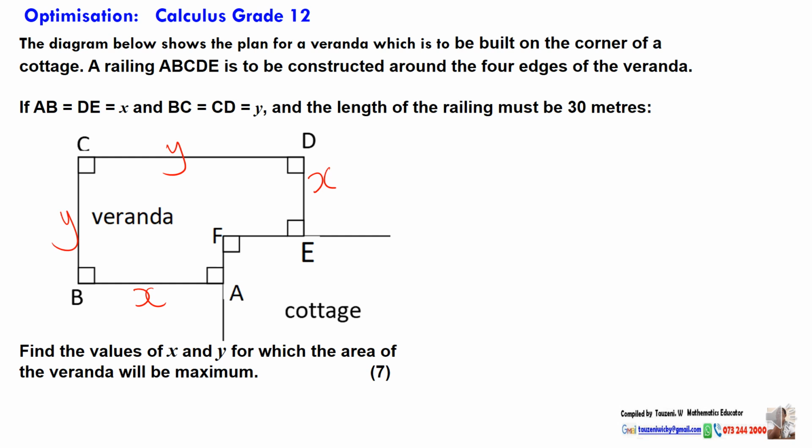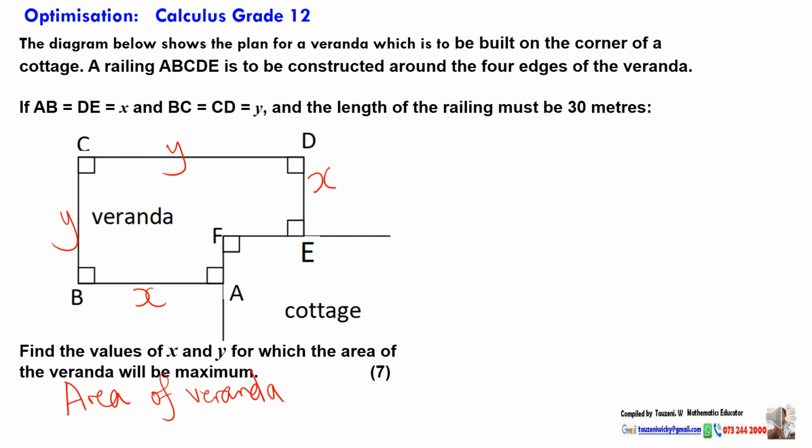Now, at the maximum or minimum of anything, the derivative is always equal to 0. So here we want to find the values that can give us the maximum value of the veranda. That means we must formulate an equation that represents the area of the veranda.